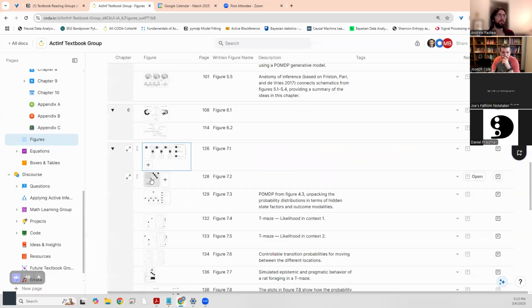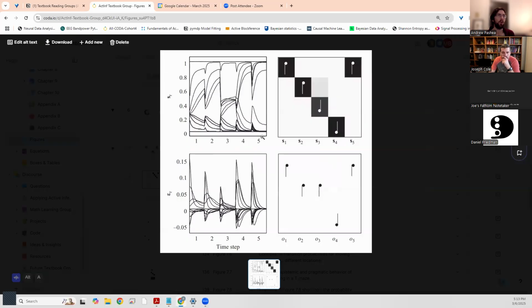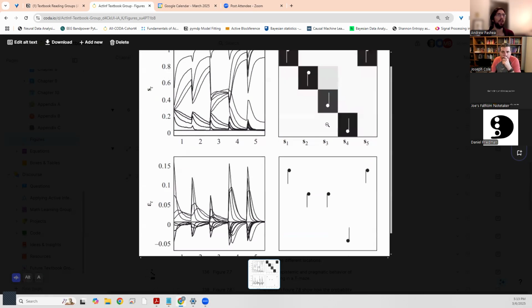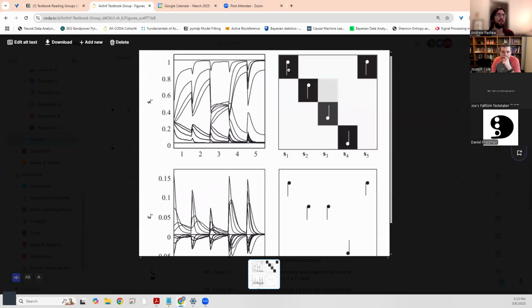With this figure 7.2, I think the quickest way of getting at what the authors of the textbook are trying to demonstrate is this upper right. This is beliefs about hidden states. So the agent believes that the first note, over time, should in fact be the first note, as in it's in row one, so this row is its own set of notes.